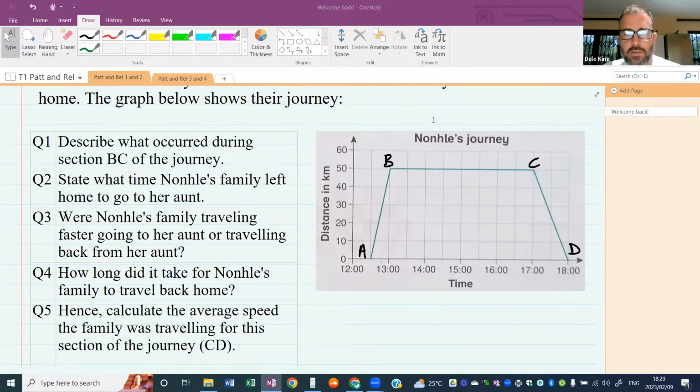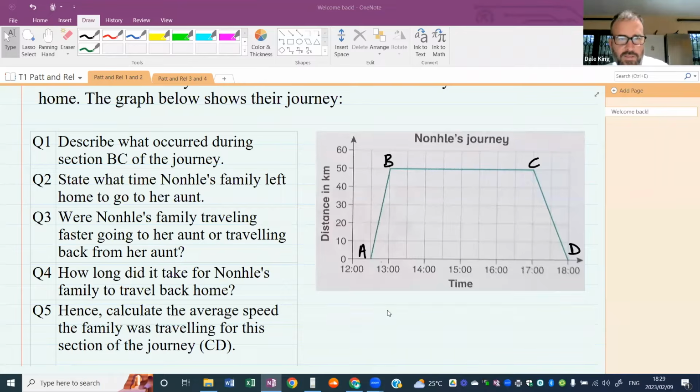Here's a question. Somebody raise your hand and talk to me. Were Nontle's family traveling faster going to her aunt or traveling faster going back from her aunt? And if you give me the answer, I also want you to try and explain why you can tell. Babalo, talk to us.